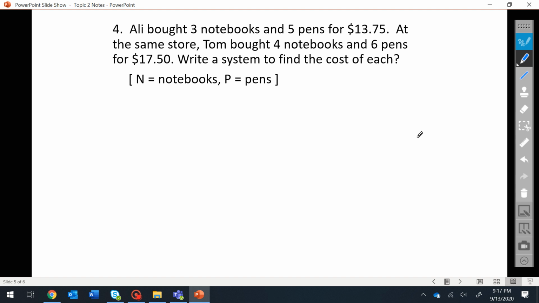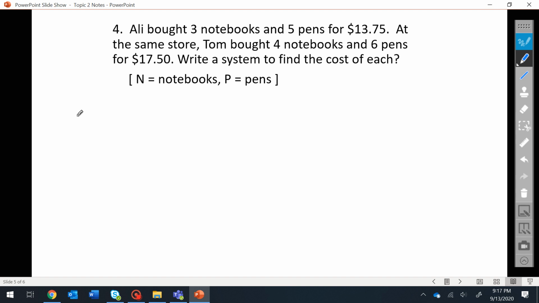Let's look at one more, and this is going to be kind of how most of the word problems are. Ali bought 3 notebooks and 5 pens for $13.75. At the same store, Tom bought 4 notebooks and 6 pens for $17.50. Write a system to find the cost of each, and we're going to use N for notebooks and P for pens.